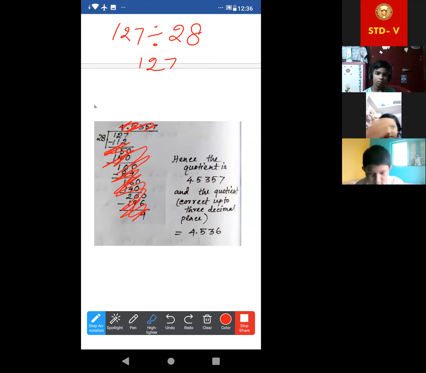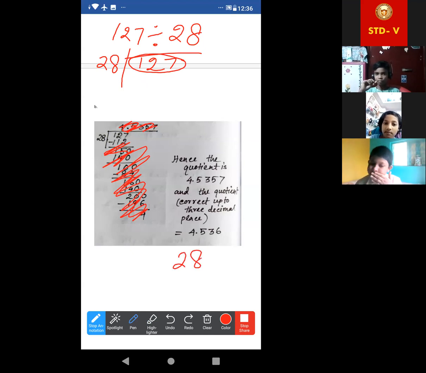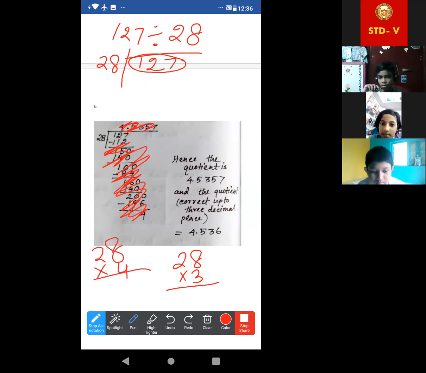I am just doing it, by 28. 127, it is over there. Now 28 into 3 will be 2 less, so if we take 28 into 4, just check which one is nearest to 127.